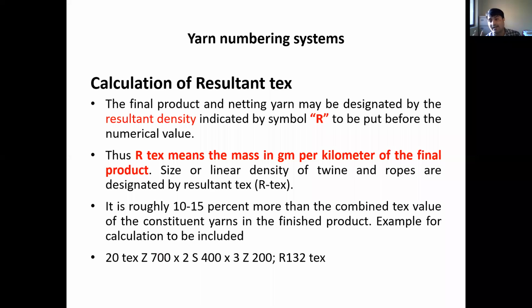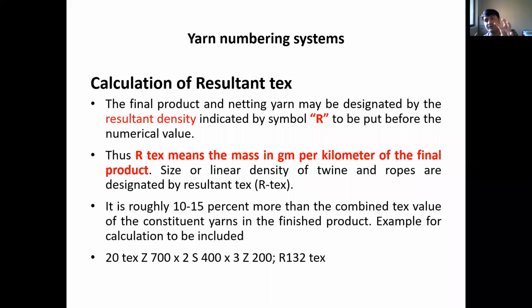Twist is the spiral deposition of the component of a single yarn. Turns per meter. कितना बार वो टर्न हो रहा है, ट्विस्टिंग जो कर रहे हैं, पर मीटर में कितना बार वो टर्न्स हो रहा है.